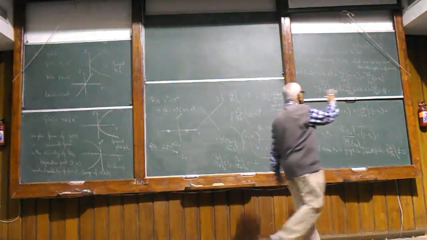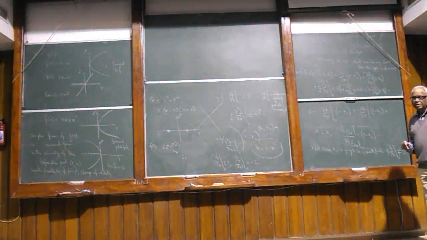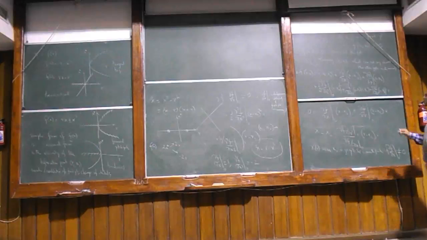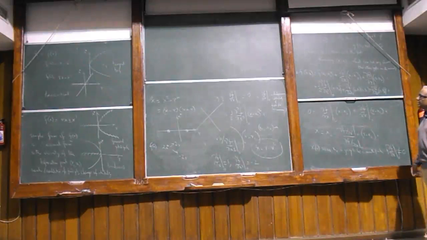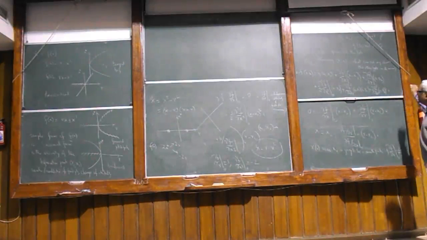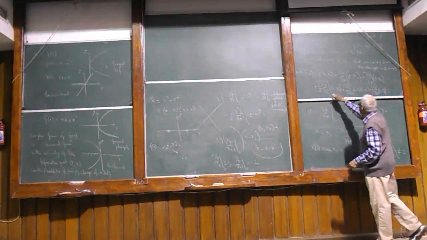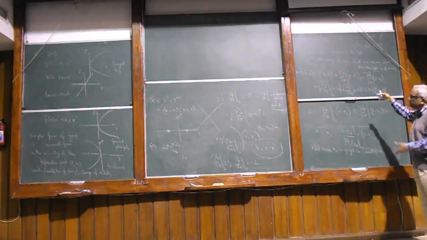And similarly, to get the pitchfork, you obviously have to go to one higher degree, keep the cubic. Somebody else has to vanish, the cubic would have to come, and so on and so forth.